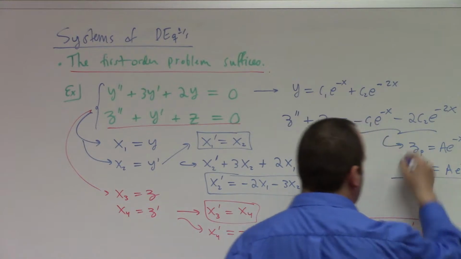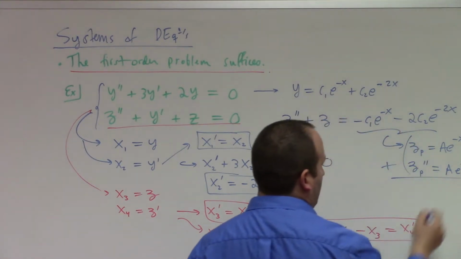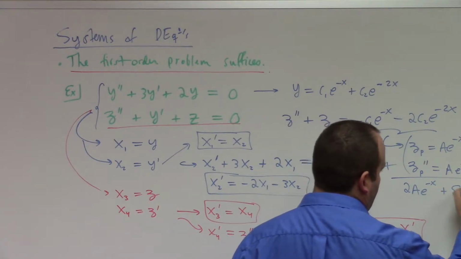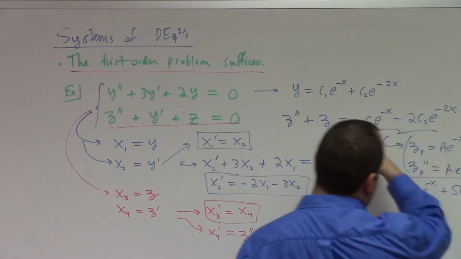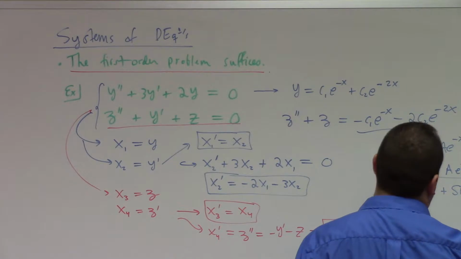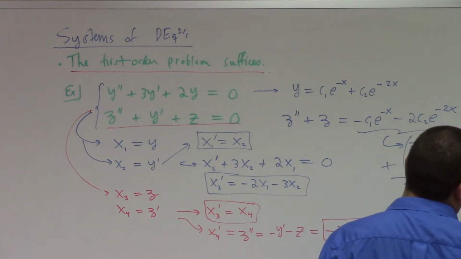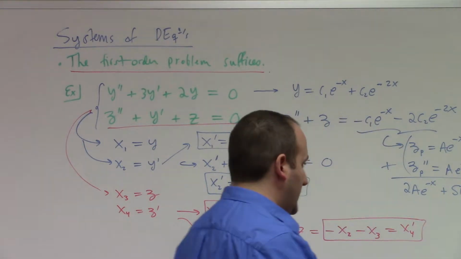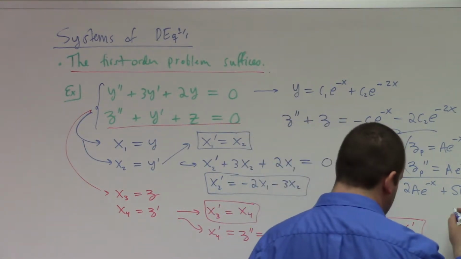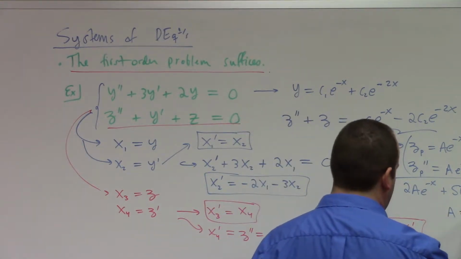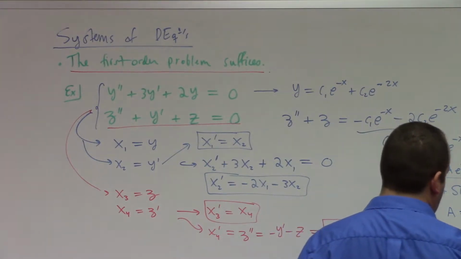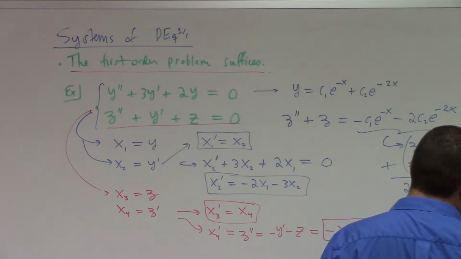So you add these, and you get 2a e to the minus x plus 5b e to the minus 2x is equal to this stuff. And that gives us a is equal to minus c1 over 2, and b is equal to minus 2c2 over 5.